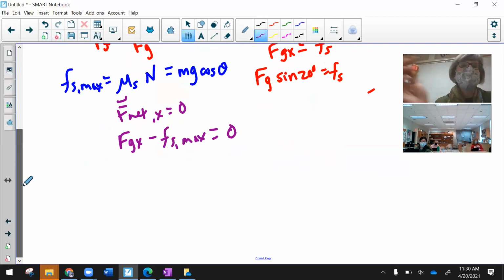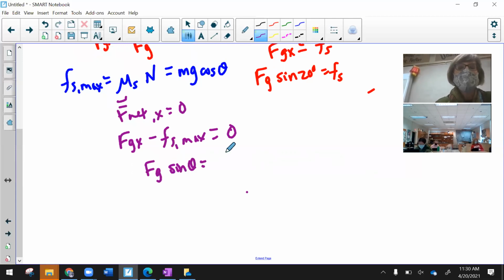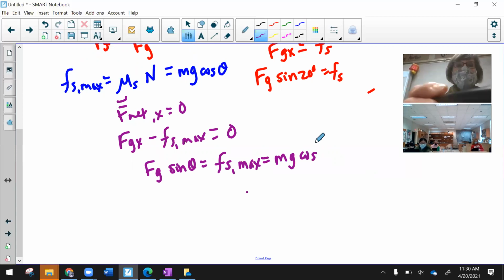I'm skipping a couple steps there, but we know. Okay? So FGX is Fg sine theta, and that's going to be equal to Fs max, which is mg, oh wait, I missed the mu right here, right?